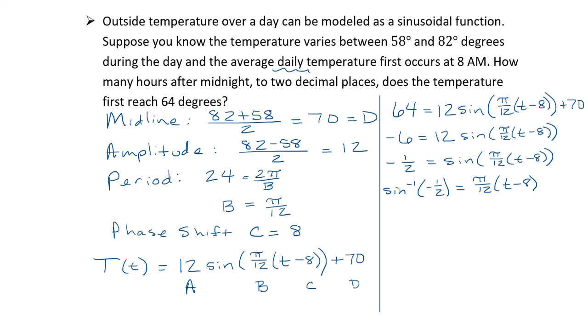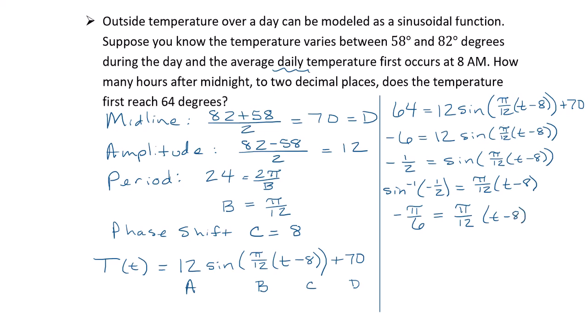The inverse sine of negative 1/2 is going to be negative pi over 6. Multiplying both sides by pi over 12 is going to help me clear out the right side and get it a little more simple.